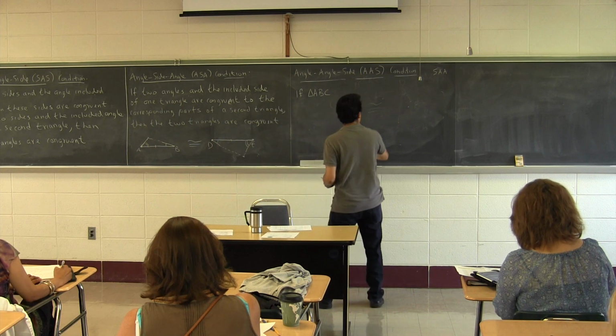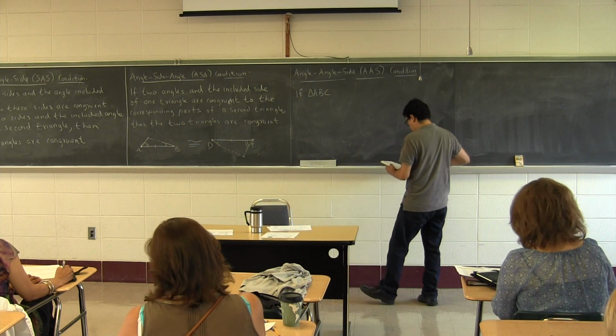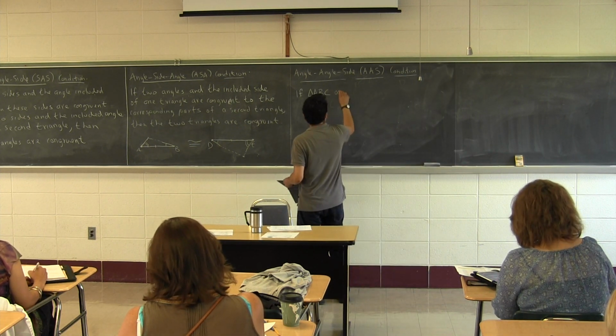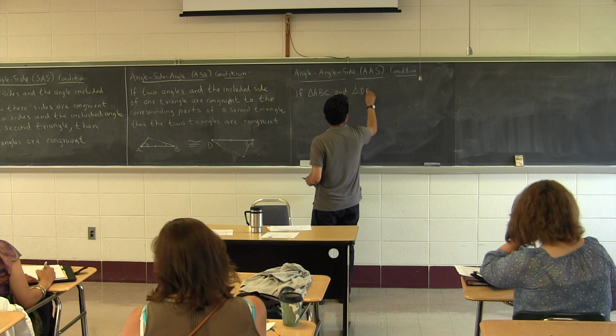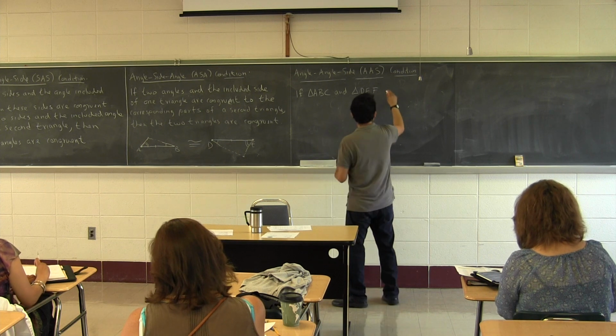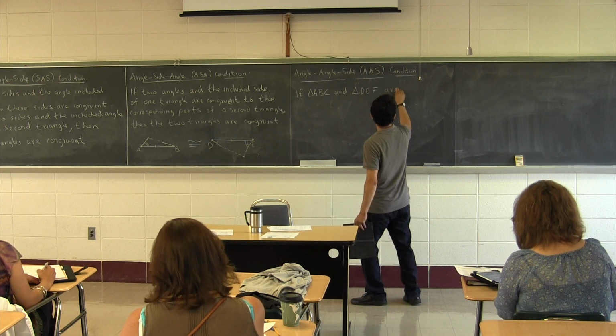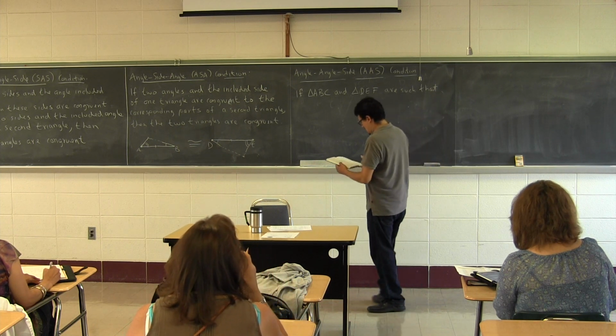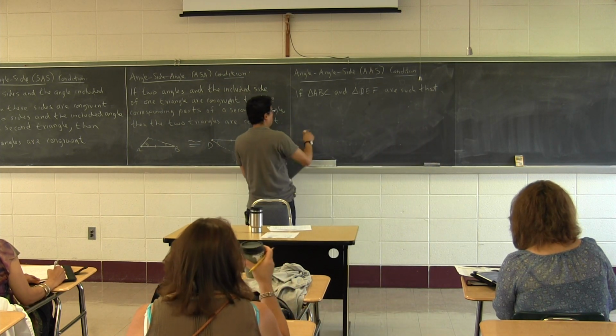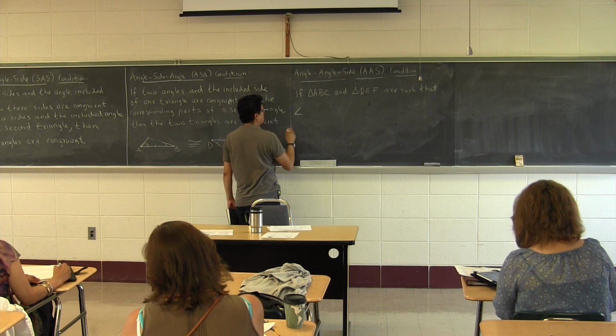If the triangle ABC and the triangle DEF satisfy the following, first, they have two congruent angles.